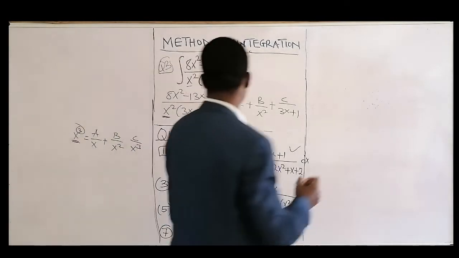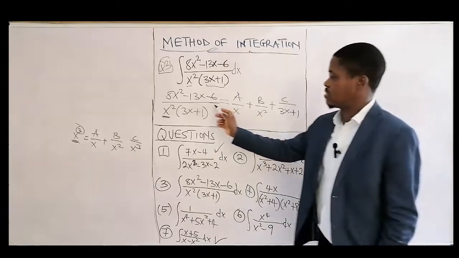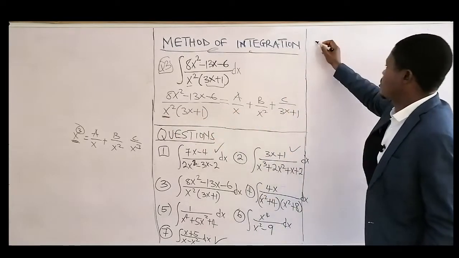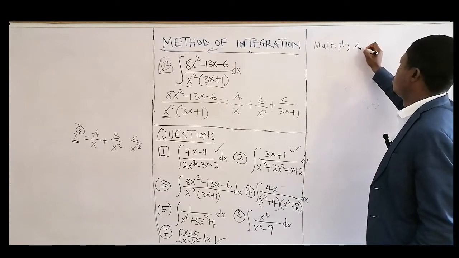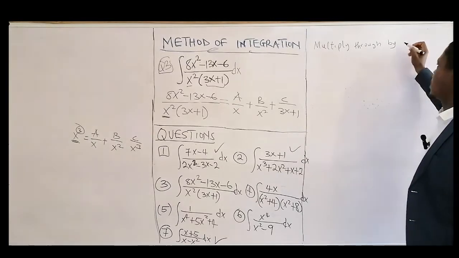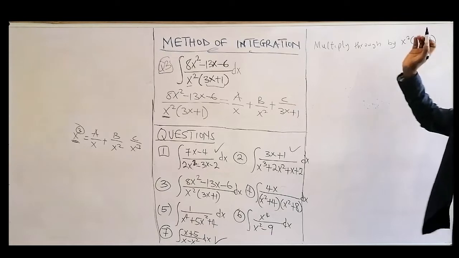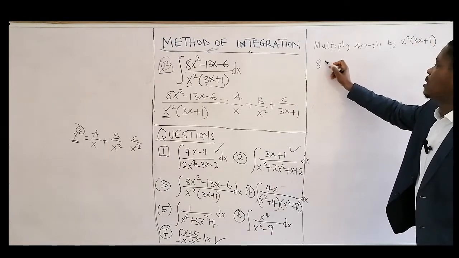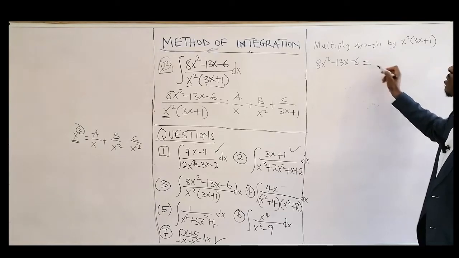The next thing to do is to multiply through by the common factor, x squared into bracket 3x plus 1. If you do that, on the left hand side you're going to have 8x squared minus 13x minus 6.